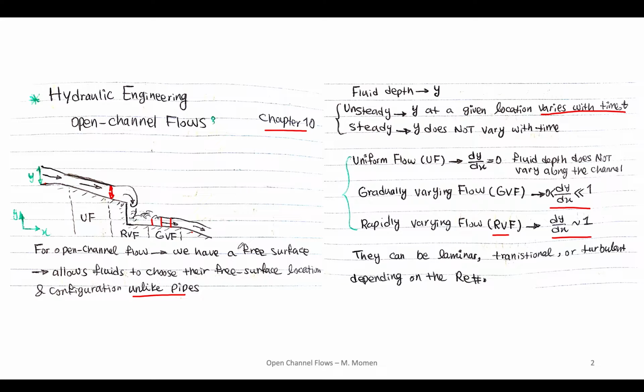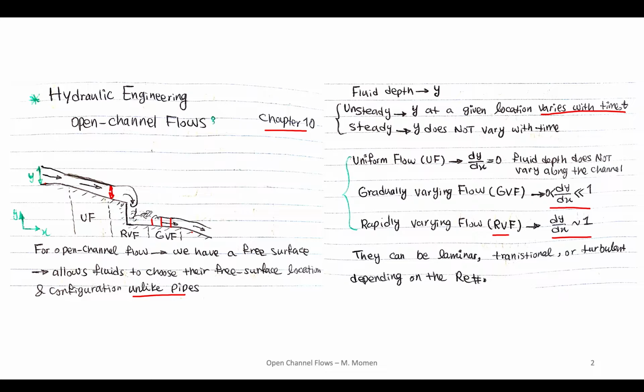Also, these open channel flows can be laminar, transitional, or turbulent, depending on the Reynolds number. So these are similar to pipe systems. We can have laminar, transitional, or turbulent flow depending on the Reynolds number, and if Reynolds number is large, we can have turbulent flows.